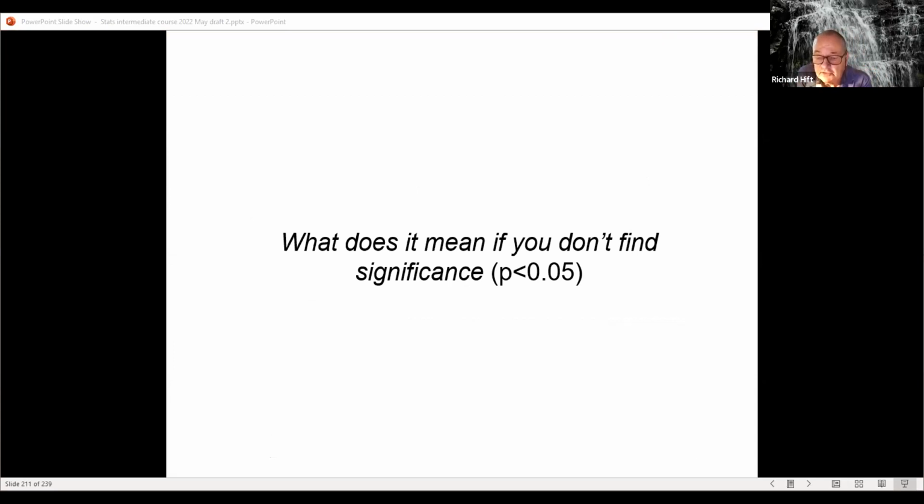But as I've said, it is not something that can just be done because you just describe what you want to do. You have to determine the level of power you want, usually 80%, but you have to make some prediction of just how big the effect size is going to be. We've talked about a difference in means, but it could be a difference in proportions. You may, for example, say, I think the mortality in one group will be 50% and in the other group 40%.